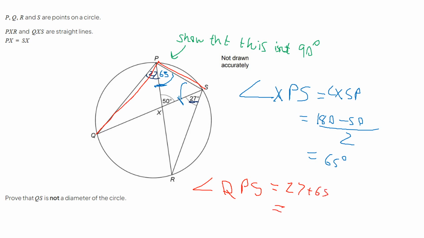Okay? So therefore, when we work that out, we get an answer of 92 degrees, which is not equal to 90 degrees. And so therefore, QS is not a diameter of a circle, because otherwise it should be equal to 90 degrees.